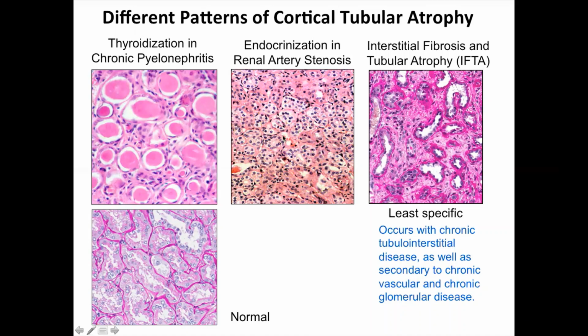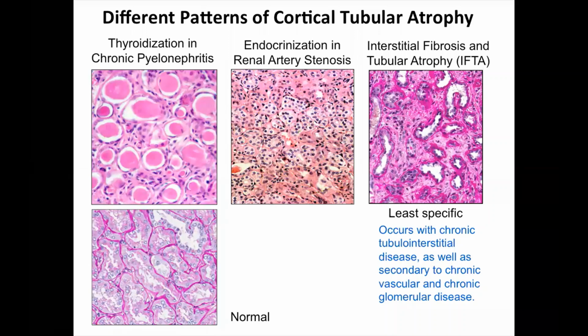due to ischemia. If we have this form of interstitial fibrosis and tubular atrophy, just a series of fibrosis, this is less specific. We can't really tell why we have IFTA.